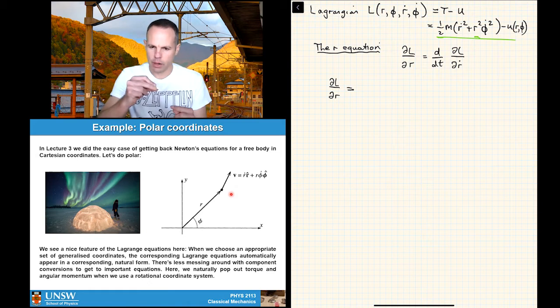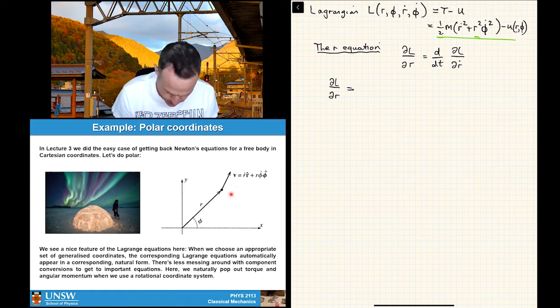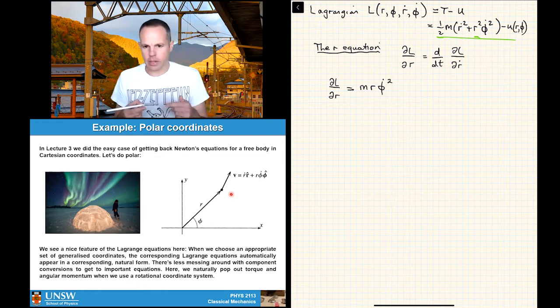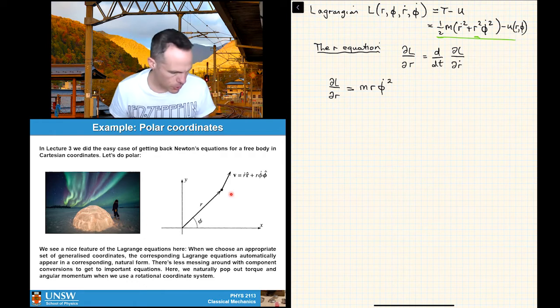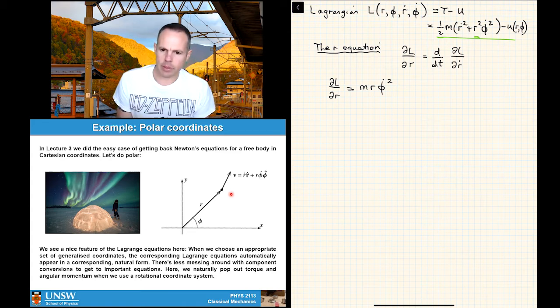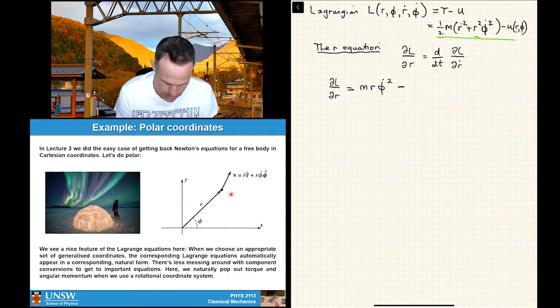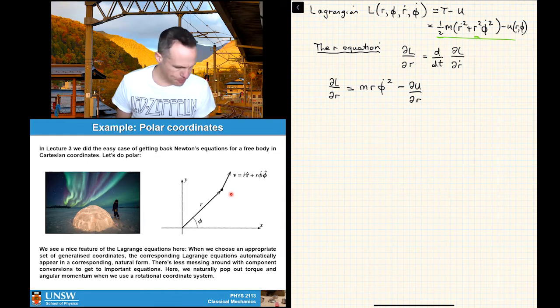So the 2 is going to drop down from the r squared, knock out the half, and so we'll end up with m r phi dot squared. Right, this is just m r omega squared. So you're familiar with what this term is. And then we also have a potential energy term. It's not specified what exactly that term is for the moment, but we know it's got a dependence on r, so when we take the derivative, it's going to survive. So it's going to become minus dU on dr for the moment, okay?